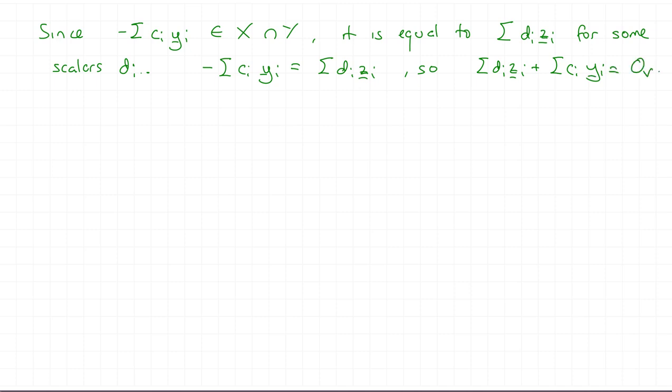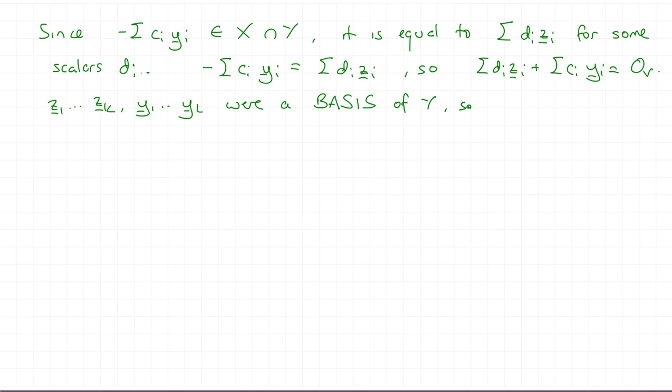Okay, but now you can see we have something interesting, because the z's and the y's together were a basis of Y. Let's just write that down properly. So z1 up to zk, and then y1 up to yl were a basis of Y. So they're linearly independent.